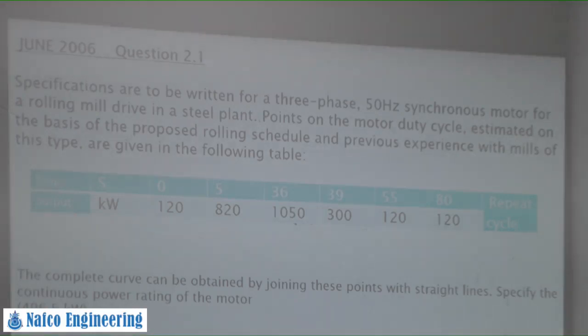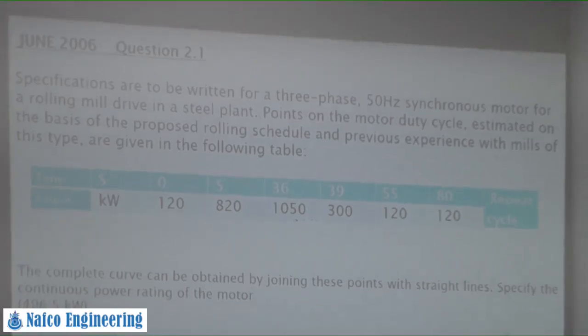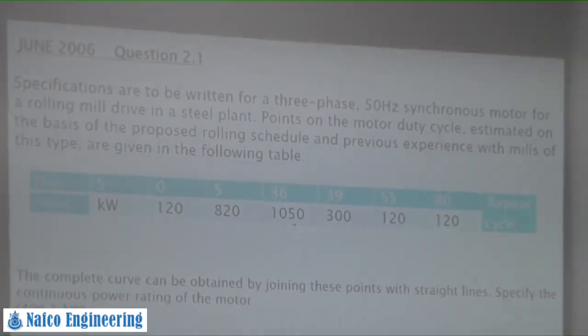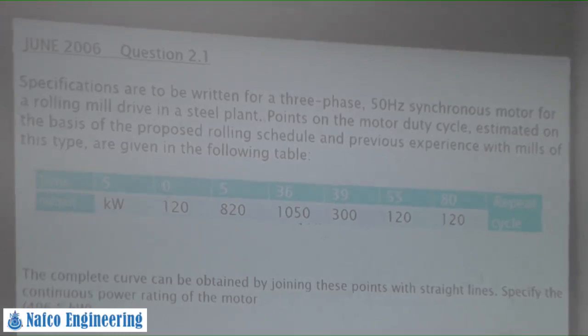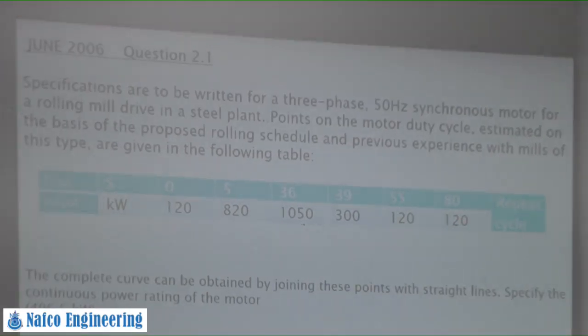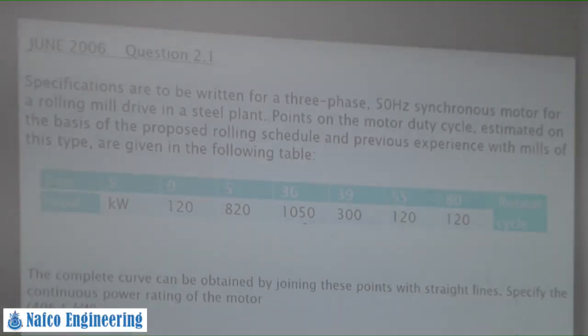You want to buy a motor that can take care of that duty cycle. You're not going to buy a thousand kilowatt motor. We know the maximum load there is about 1,050. If you buy that, you are just going to spend money for nothing, because the motor is loaded for a short time, from 36 to 39, about 3 seconds, in fact.